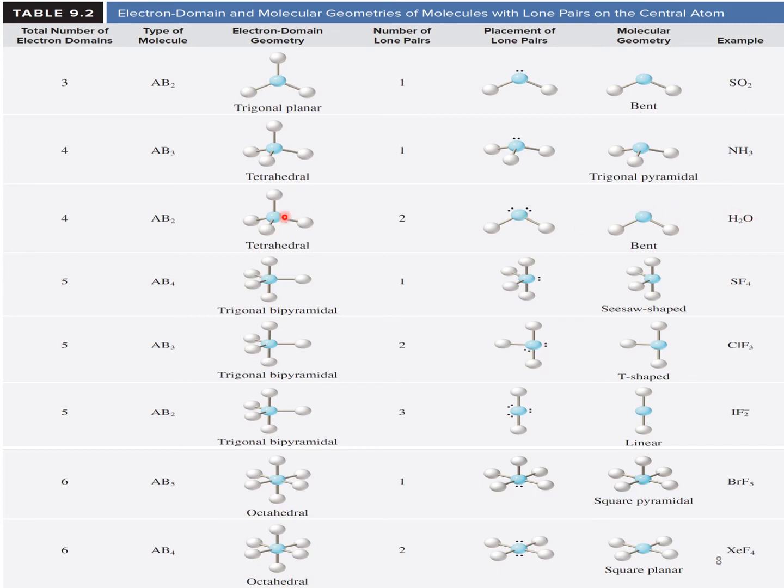You have a tetrahedral geometry, but 2 lone pairs on the central oxygen. And this is why those hydrogens are bent downwards like so. So you actually have bent molecular geometries with multiple electronic domain geometries. You can see it gets more complex as we go. These are going to be some more challenging ones in general, just once you have more objects to deal with.